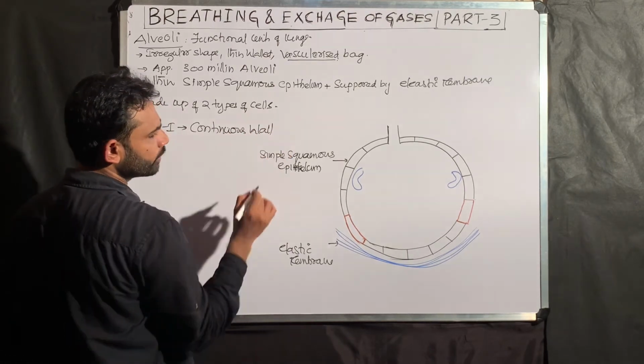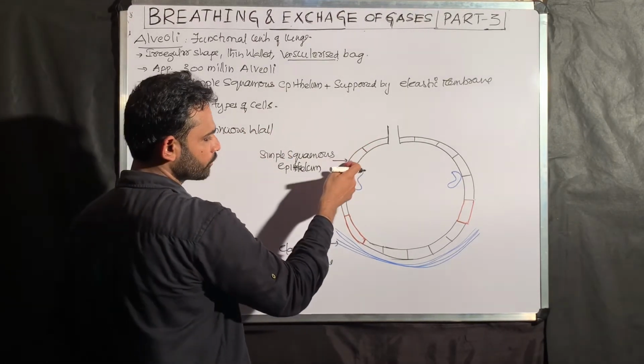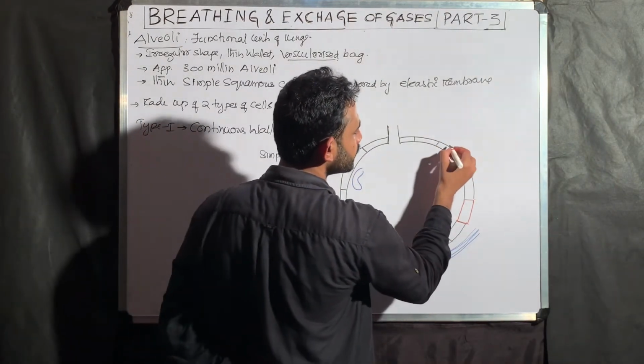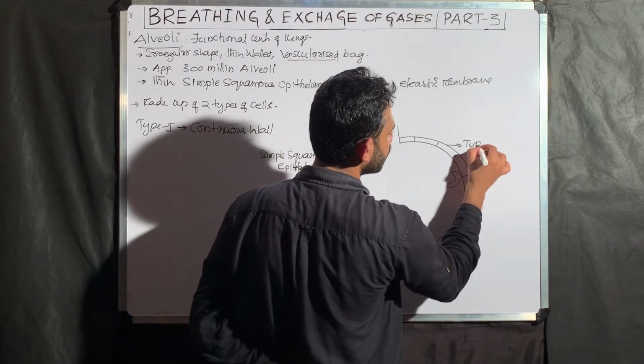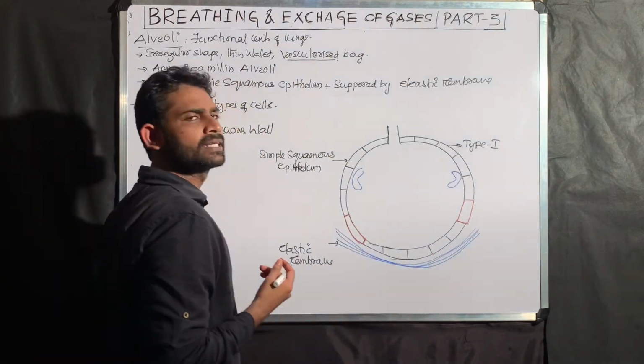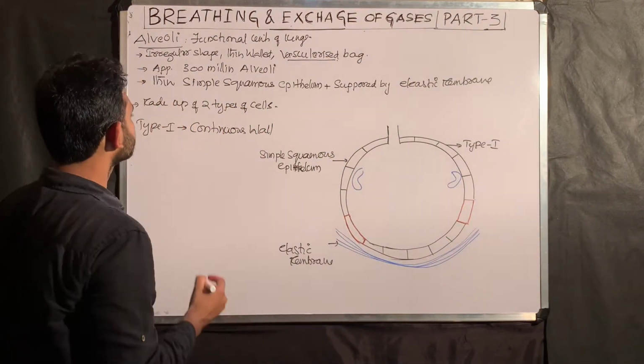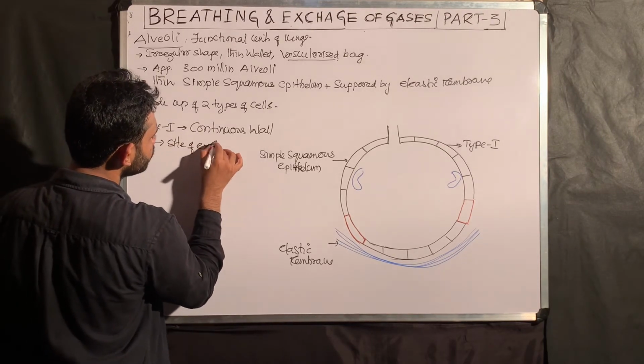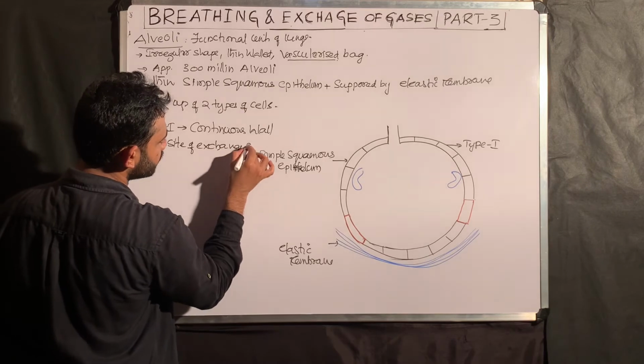That means the total black color you are seeing, the total one, these are the type 1 alveolar cells. What is the function of type 1 alveolar cells? These are the site of exchange of gases.